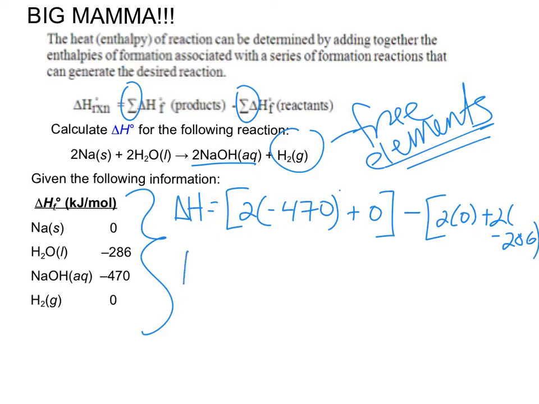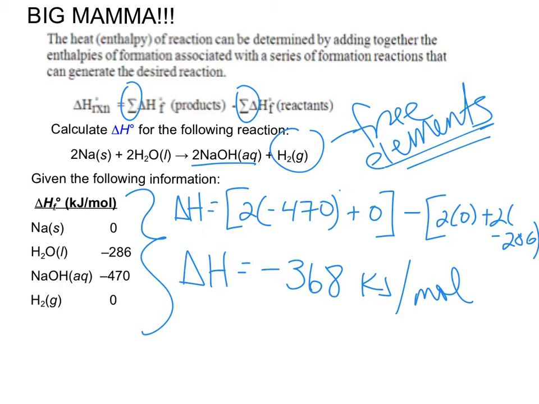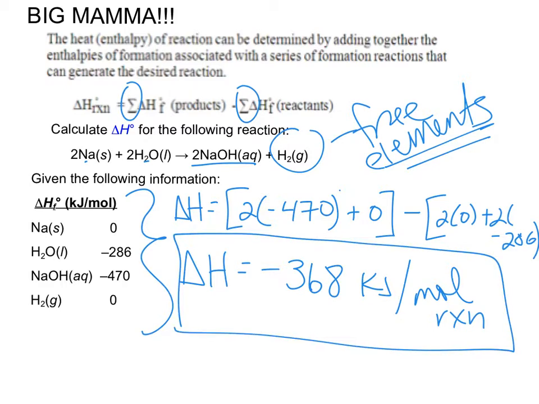So it's really, really easy to make calculator errors on these. I want you to check your work multiple times. So I did this, and my answer came out to be negative 368. It is kilojoules per mole, not per mole of each individualized thing, it's per mole of reaction. So to be safe, I would just write per mole of reaction. And that is how you use Big Mama.